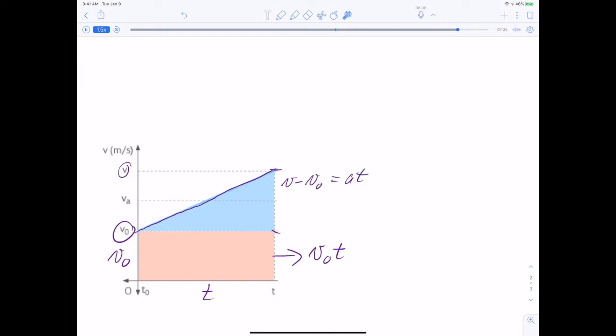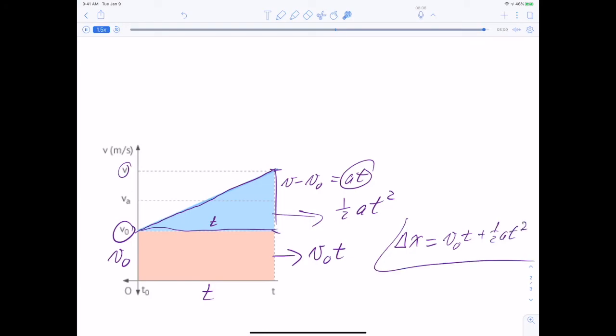So we have a triangle with a base of length t and a height of length at. The area of a triangle is 1/2 base times height, so that gives an area of 1/2 at squared. The area of this whole pink plus blue section is my change in displacement, so the change in displacement is equal to v naught t plus 1/2 at squared.